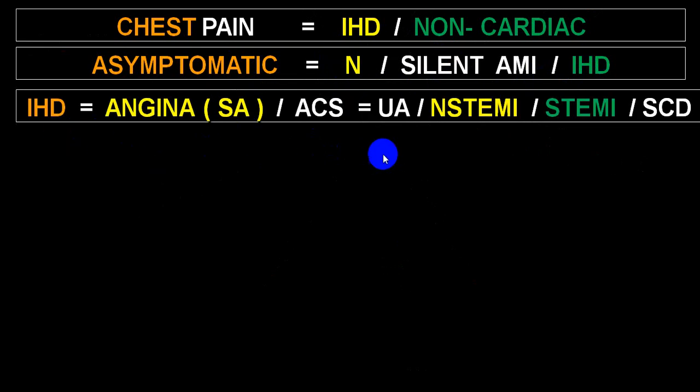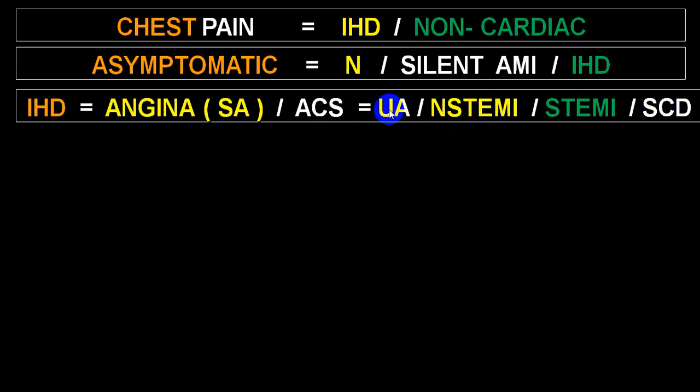But if a person is having ischemic heart disease, invariably he will present as stable angina or acute coronary syndrome. And acute coronary syndrome can present as unstable angina, non-STEMI, STEMI, and may present as a sudden cardiac death.